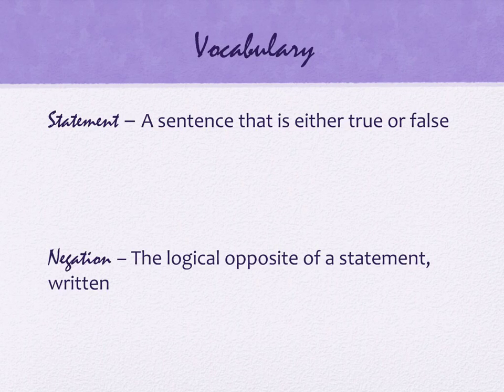First thing we're going to talk about is a statement. A statement is simply a sentence that's either true or false. All right, so let's do an example of a statement. For example, the sentence, I ate eggs for breakfast.